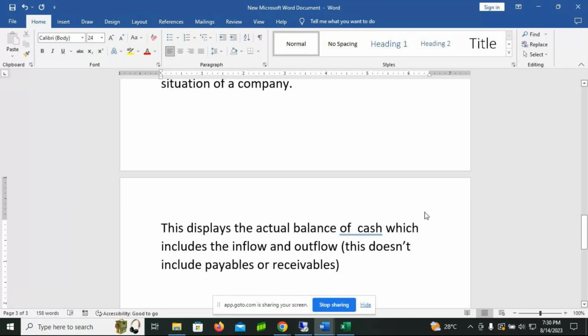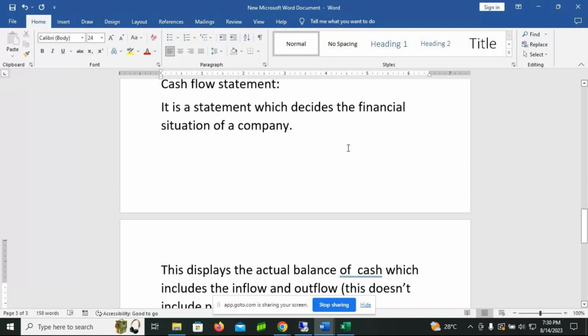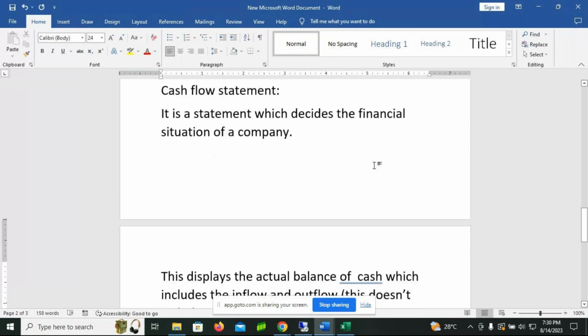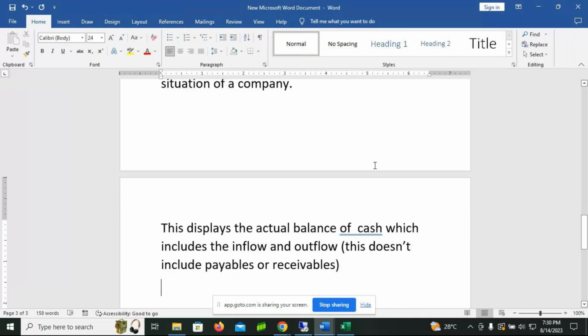So the cash flow statement is a statement which decides the financial situation of a company. It displays the actual balance of cash, including inflow and outflow, but it doesn't include payables and receivables. Payable means the amount that I'm supposed to pay to the creditors, and receivable means the amount I am supposed to receive from my customers.